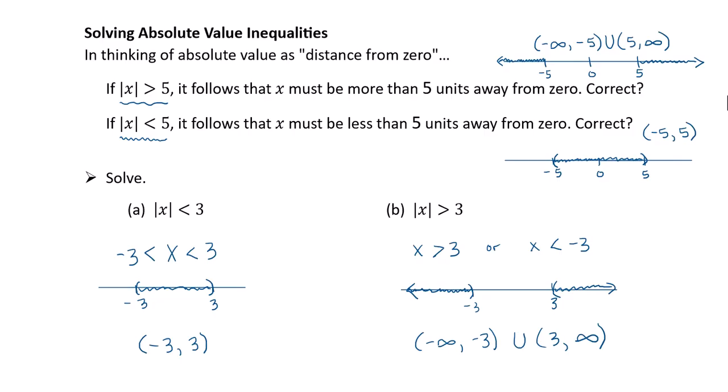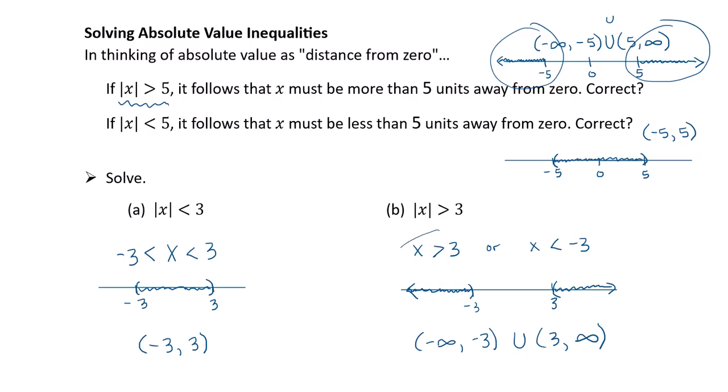Okay, now just a fun observation and a way to help you to remember what these are going to end up doing. If I have a statement like this, absolute value of x is greater than 5, you notice that the inequality sign is pointing away, out, away from the absolute value. And you notice that we end up with two of these outside intervals that are joined with a union.